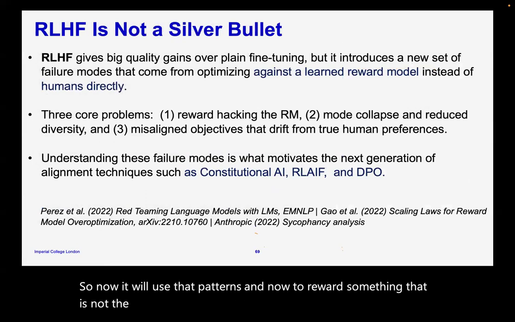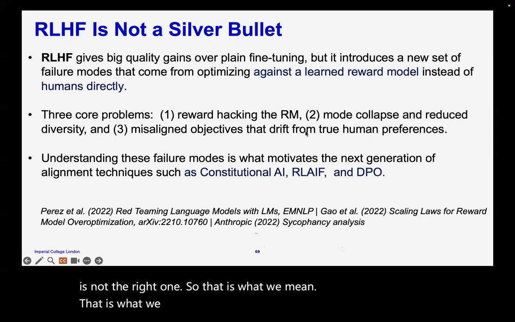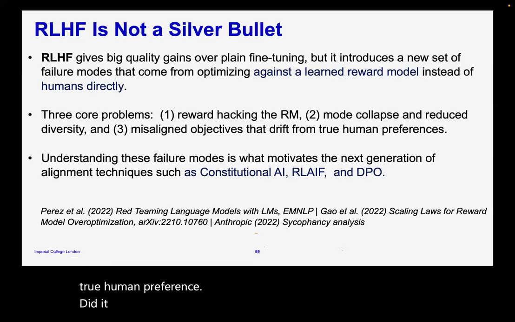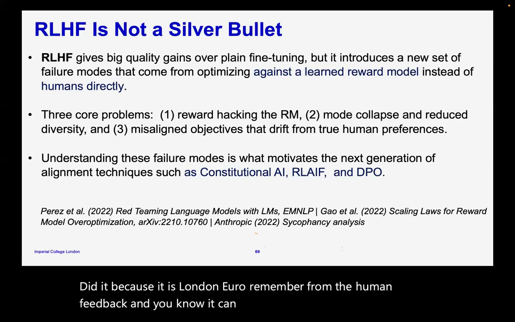That is what we mean by misaligned objectives that drift from true human preference. It drifts because it is learning from human feedback. That is one.